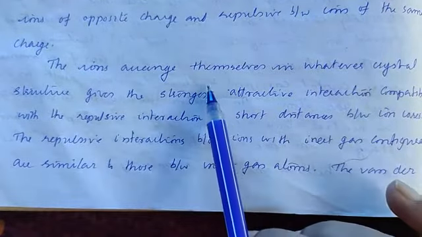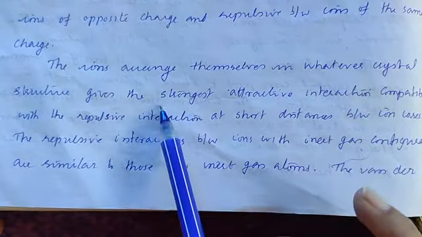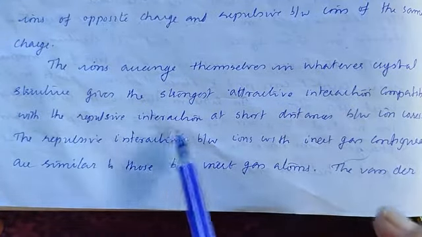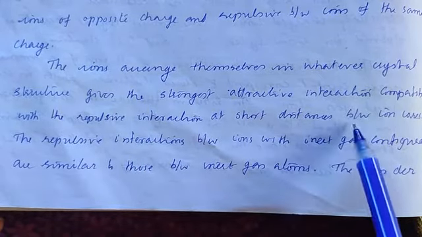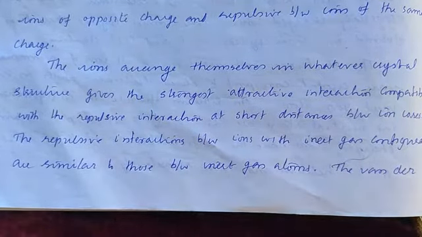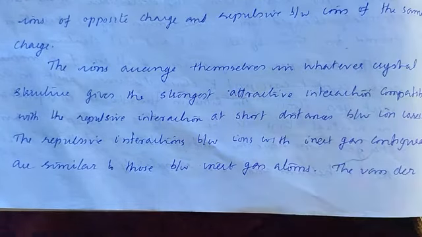The ions arrange themselves in whatever crystal structure gives the strongest attractive interaction compatible with the repulsive interaction at short distances between ion cores. So the crystal structure is favorable for interactions which are strongest attractive compared to the repulsive interaction.